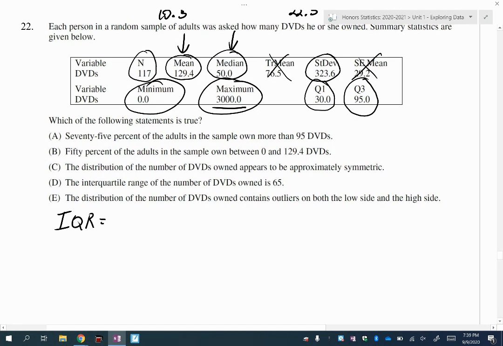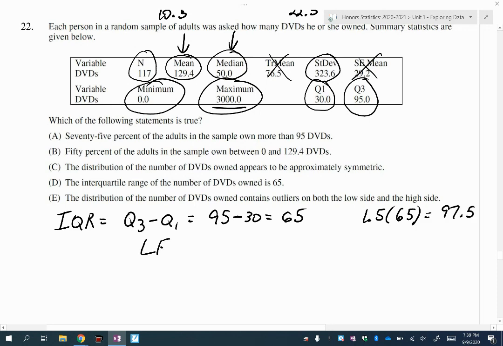The IQR is quartile 3 minus quartile 1, which is 95 minus 30, which is 65. I'm going to multiply 1.5 times 65. 1.5 times 65 is 97.5.